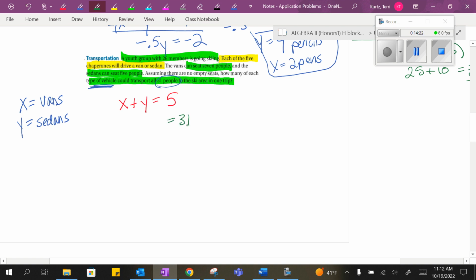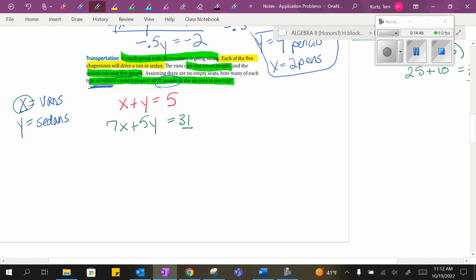Okay, the drivers need to sit also. So when we're talking about having enough seats, the van can seat 7 people. So for every x we have, every van we have, 7 people can fit in that van. And the sedans can seat 5 people. So for every sedan we have, 5 people can sit in there, and we need to make sure we have room for 31 people. Okay?